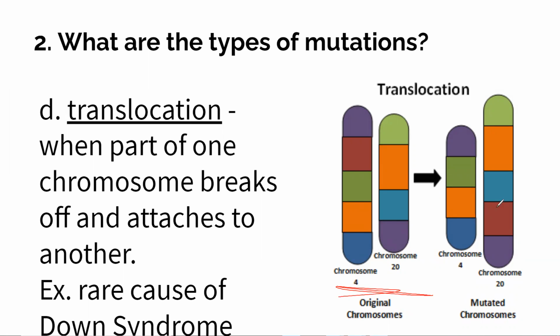Over here in our mutated chromosomes, now we have purple, green, orange, blue, green, orange, blue, red, purple. So that is completely different, and that is because genes are breaking off and switching places. And so that's not great when that happens. That causes a lot of issues.